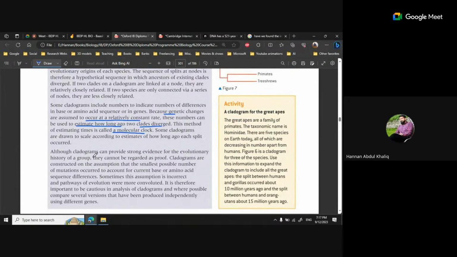They cannot be regarded as proof. Cladograms are constructed on the assumption that the smallest possible number of mutations occurred to account for current base or amino acid sequence differences. This assumption is incorrect, and pathways of evolution were more convoluted. It is therefore important to be cautious in the analysis of a cladogram, and where possible, compare several versions.